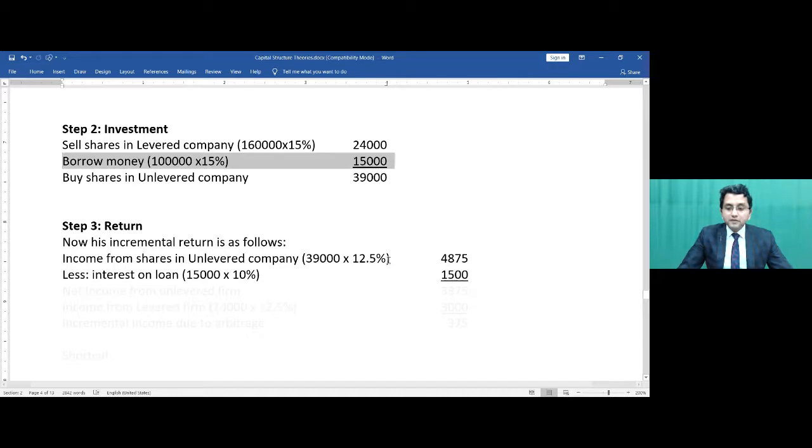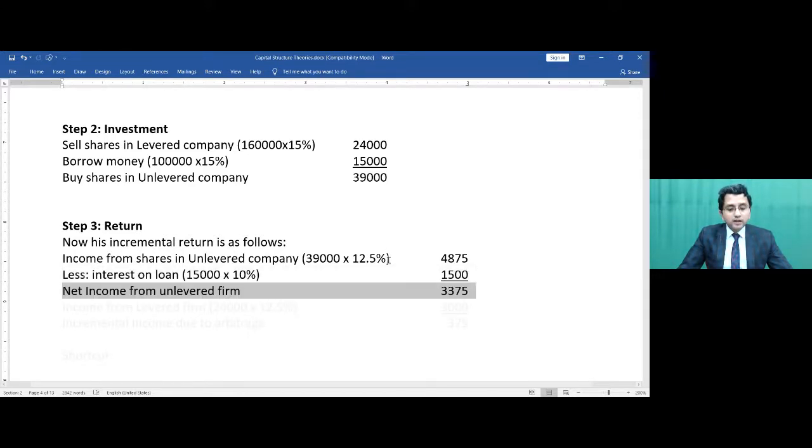So on this loan of 15,000, you'll borrow money at 10% and you'll pay interest each year of 1,500. So though you are earning 4,875 from your investment in the unlevered company, you are paying interest of 1,500 rupees. So after switchover, your net income from the unlevered company is 3,375.